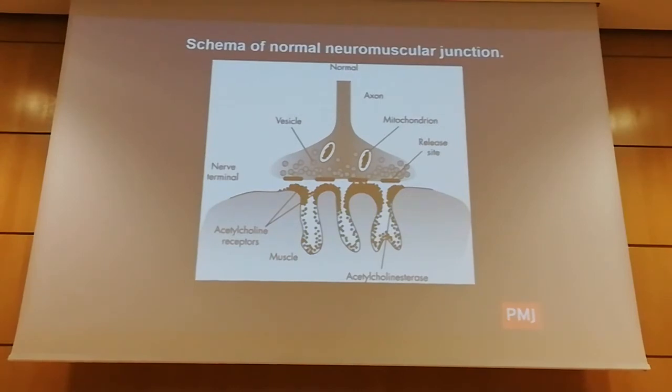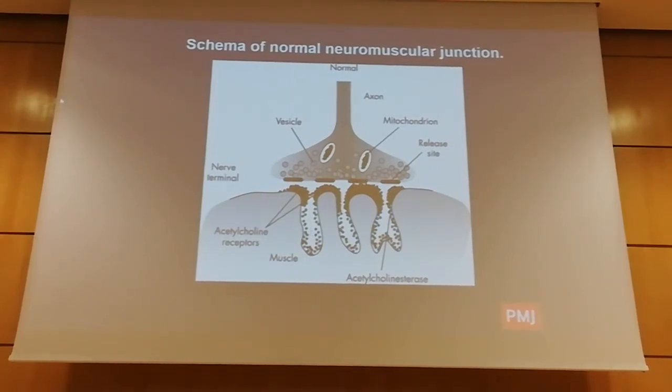All right, so the presynaptic is the motor neuron, right? The postsynaptic part of the neuromuscular junction is the muscle fiber. Between them is the synapse. The synaptic cleft is actually two parts: the primary one right here and the secondary one right here.